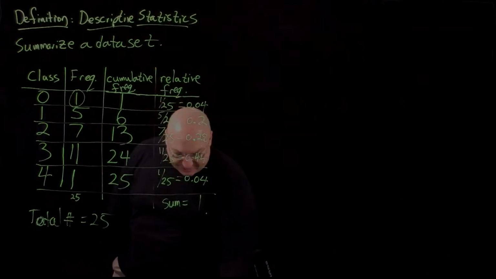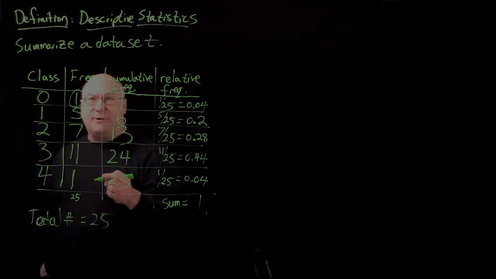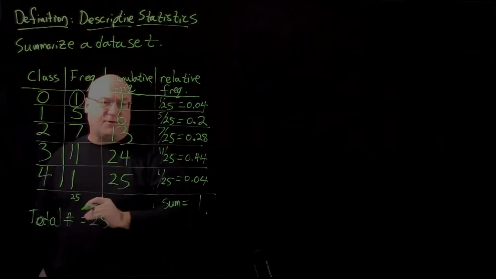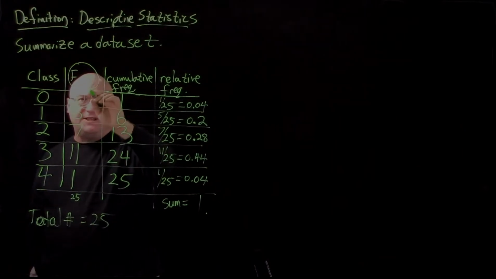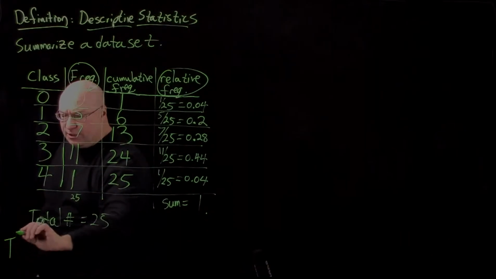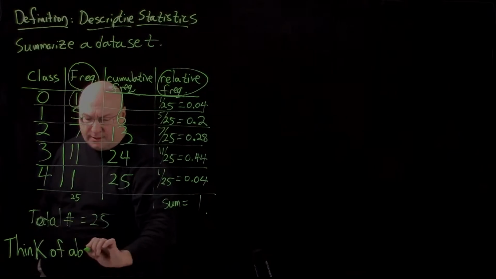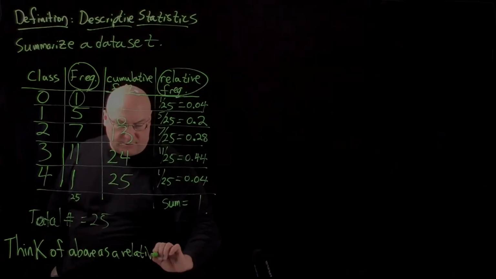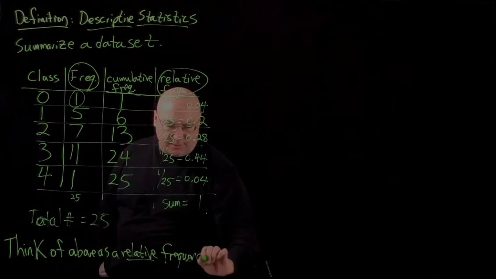All right, what I want to stress is that we won't use cumulative frequency that much, and usually when we use frequency, we're using it to get to relative frequency. So you want to think of the above as a relative frequency chart.